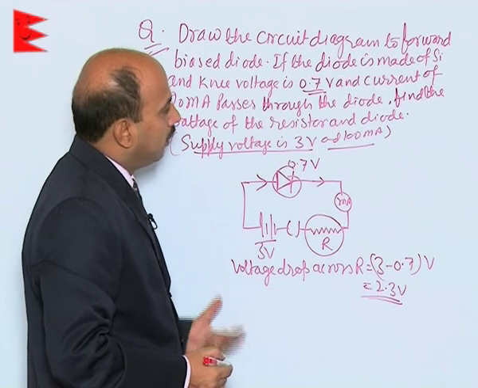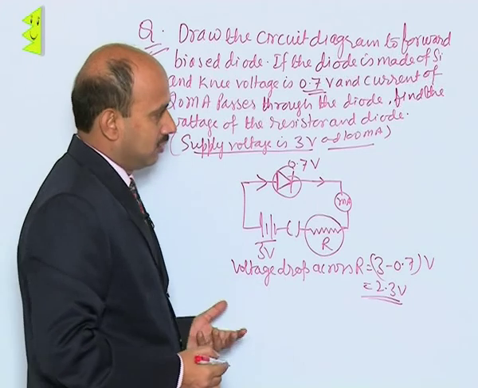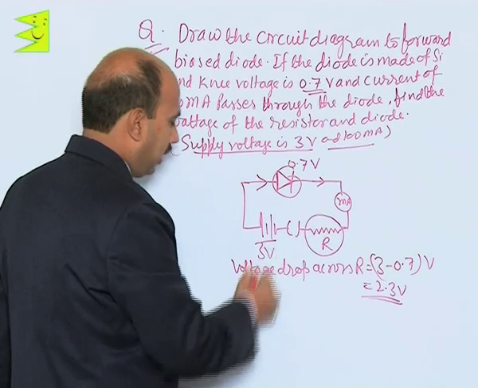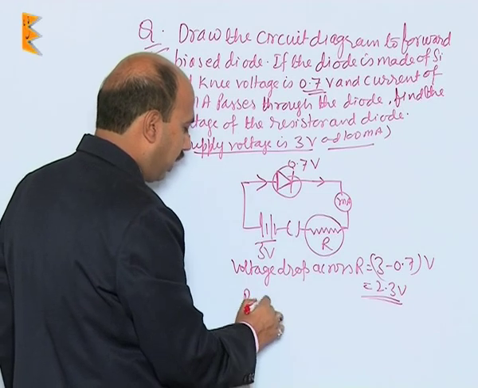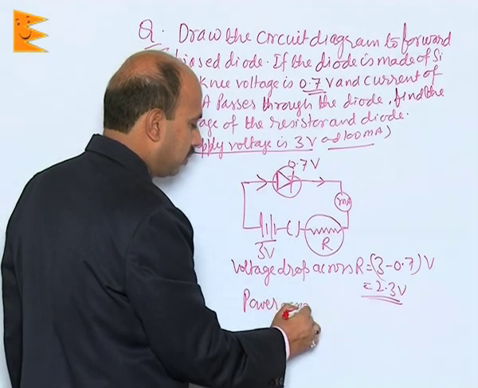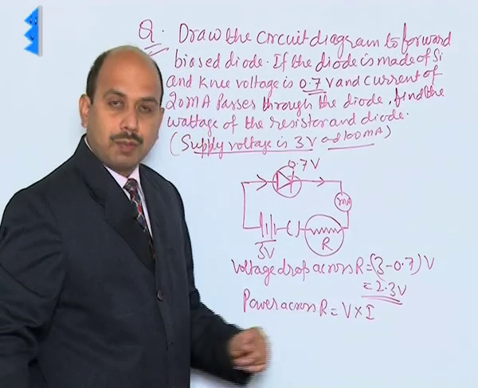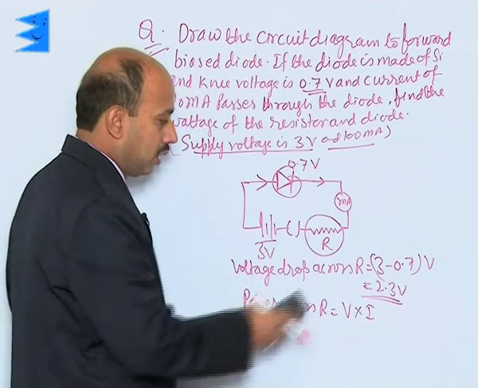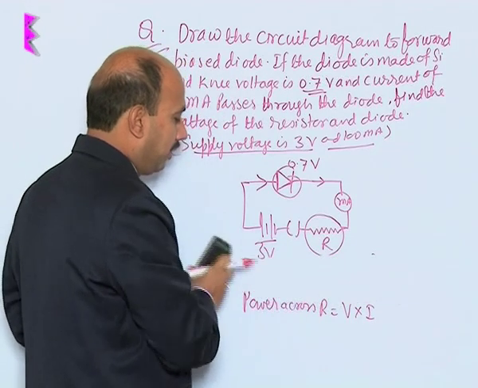Now we have to calculate the power across the resistor. Power across R is equal to V into I, that is the voltage drop across it into the current. The voltage drop we have got is 2.3 and the current is already given to us.